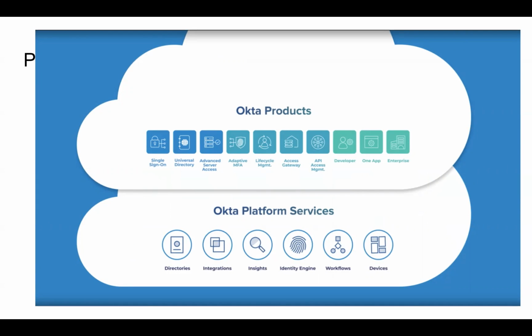Some examples I mentioned before in the previous slide, single sign-on. Single sign-on in the sense you have the user credentials in Okta. You have a few different applications configured in Okta, but you will log in only against Okta once, but you will be able to log into all the other applications without having to log in again.